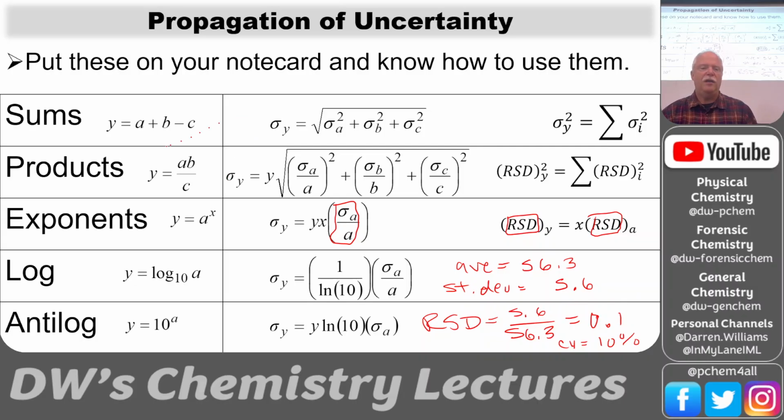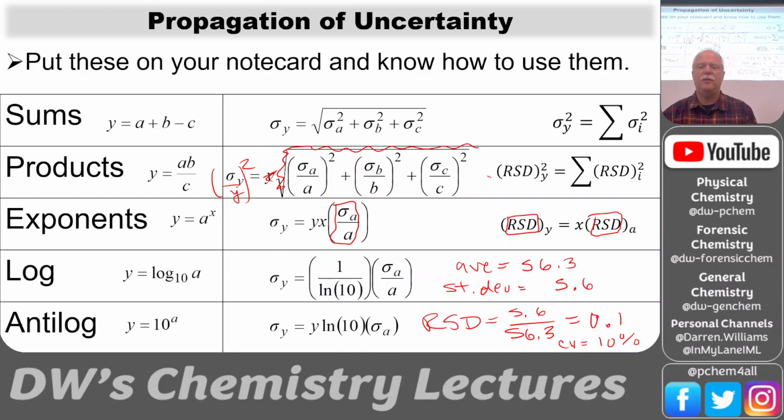If it's a product, you can have this really complicated formula, and you get your note cards, right? But this is just a simplified version of that. If I brought y over here and squared it, I would get rid of the square root. So the relative standard deviation for y squared is equal to the sum of all of the RSDs of the pieces squared.